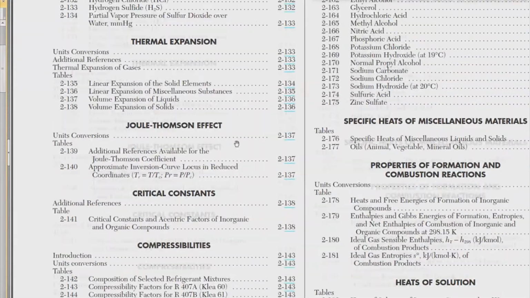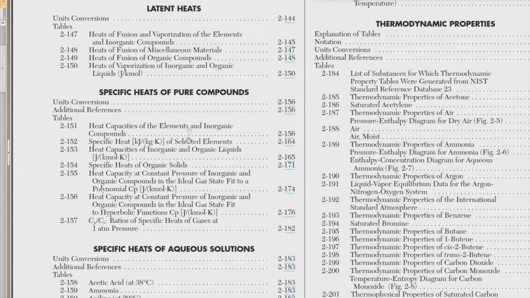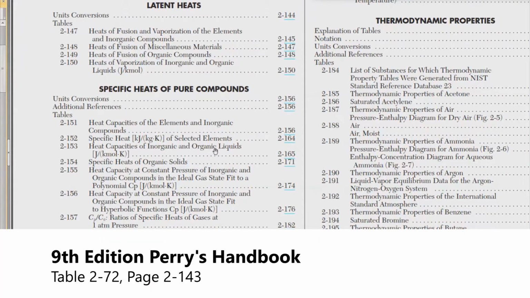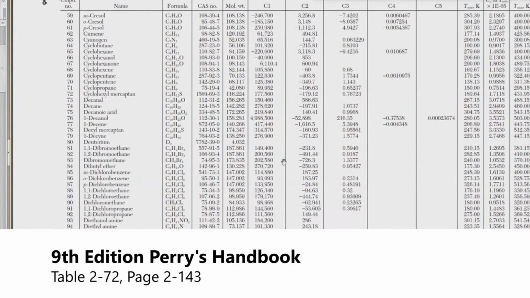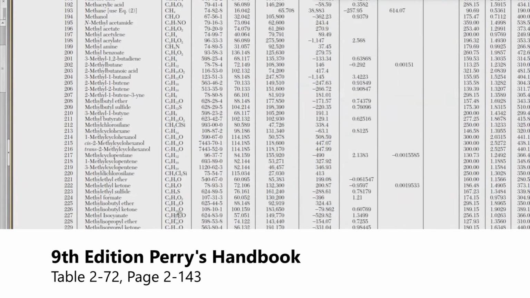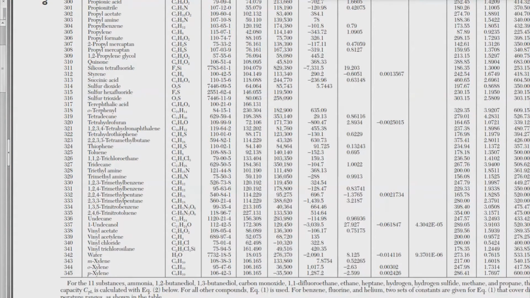And in this case, we can check on the specific heat capacity of pure compounds on Table 2, Section 2, and you can see here the heat capacities of organic liquids. So you can check on 2-165, but I am using the 8th edition. You can check here the organic fluid, which is water, and eto siya dito sa number 342.